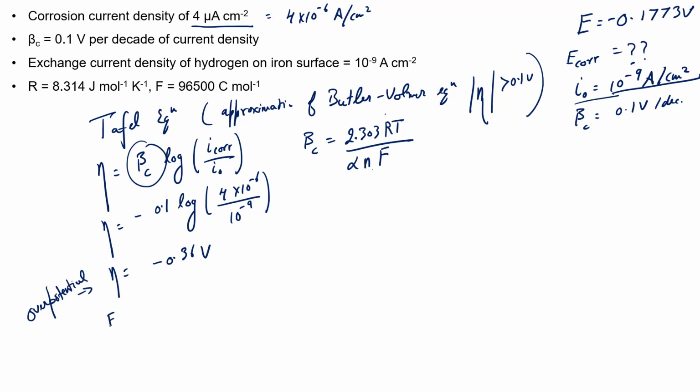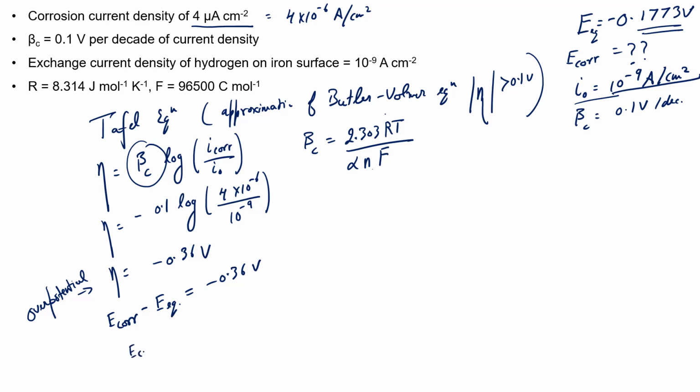Overpotential is nothing but E corr minus E equilibrium, which is minus 0.36 volt. Now, E equilibrium we have determined from the Nernst equation under equilibrium conditions.